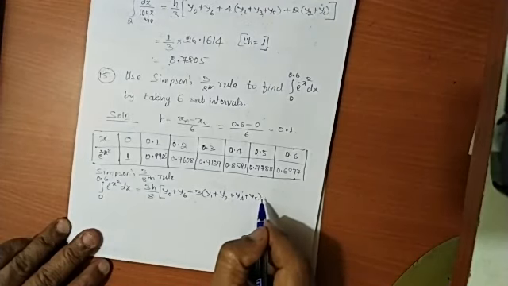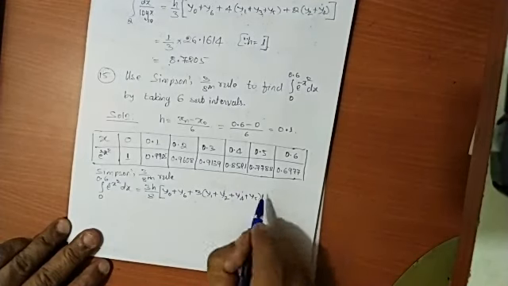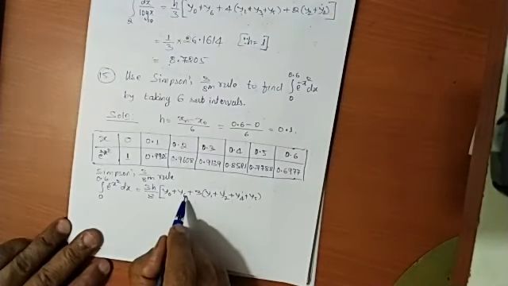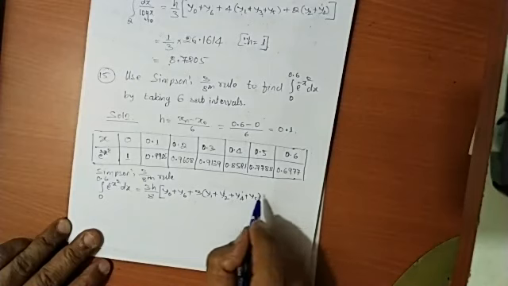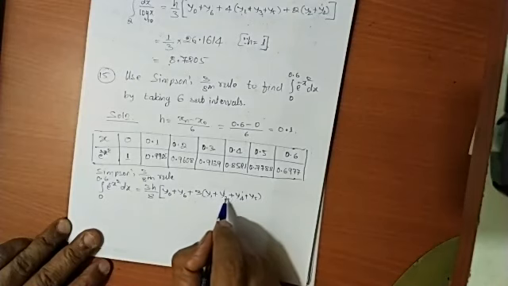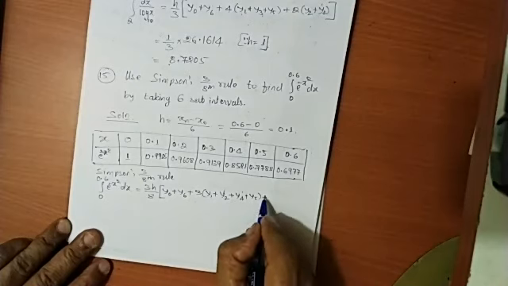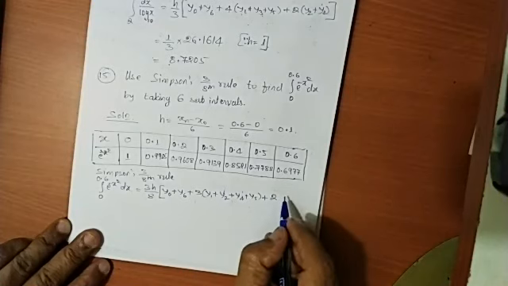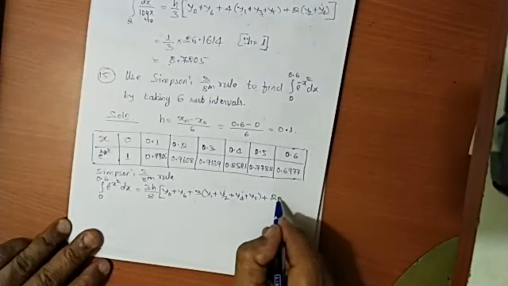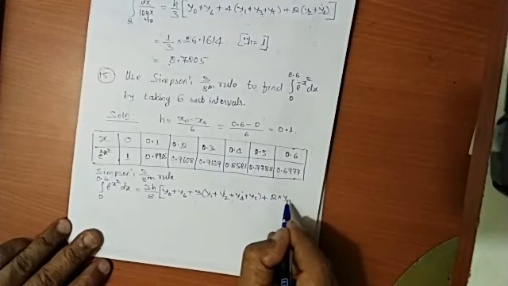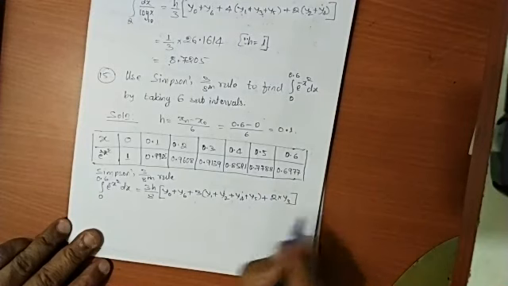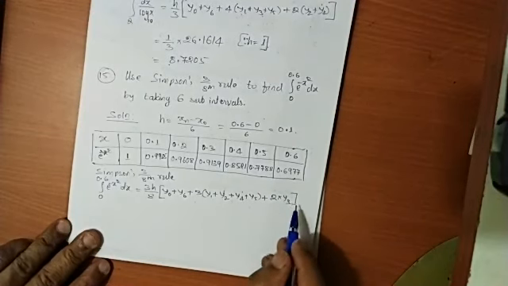I do not consider higher terms because the value ends at y6. So y6 is my last term. So y7 and all are not there. So 3 times y1 plus y2 plus y4 plus y5 plus 2 times the multiple of 3 terms. Here only one term is there, that is y3, because y6 becomes the last term. Right, so 2 times y3.